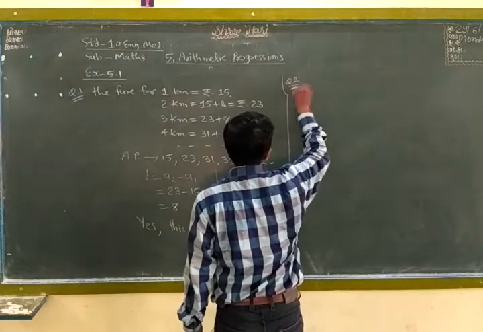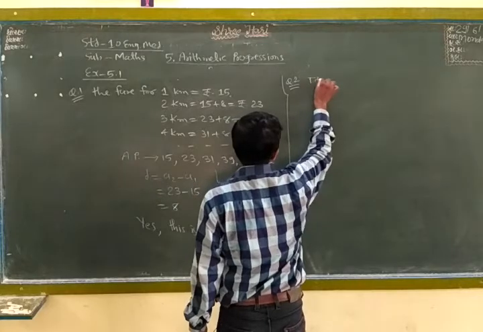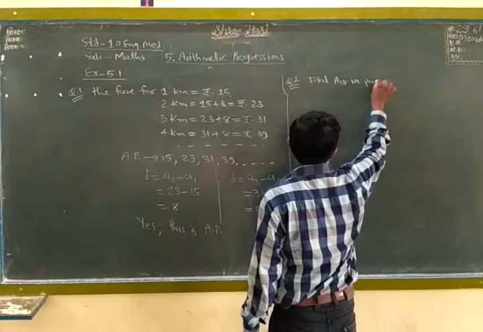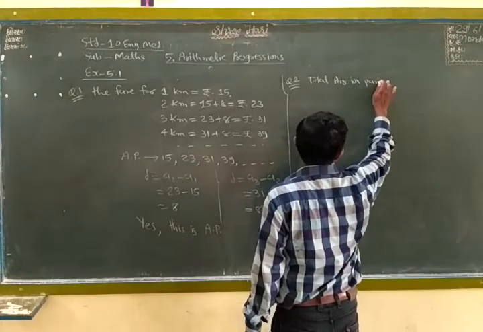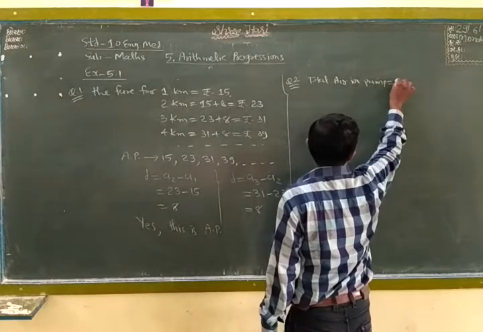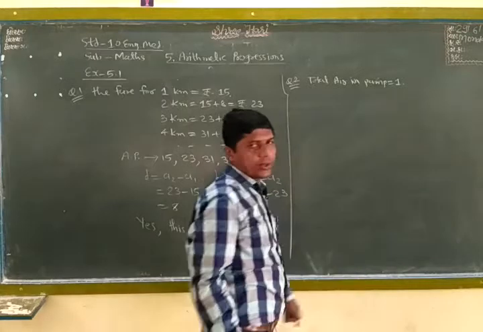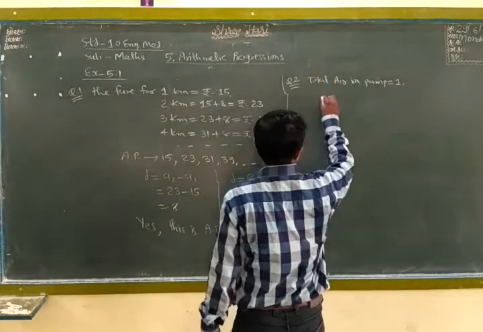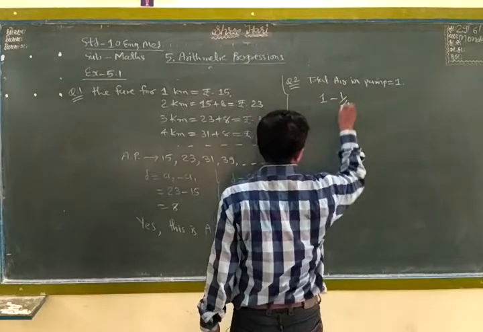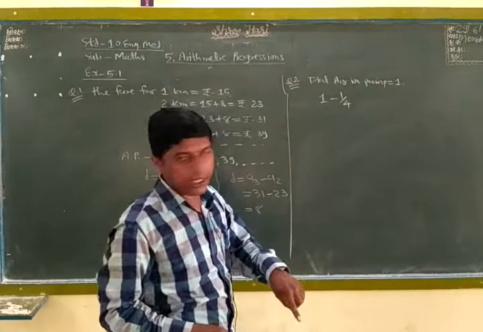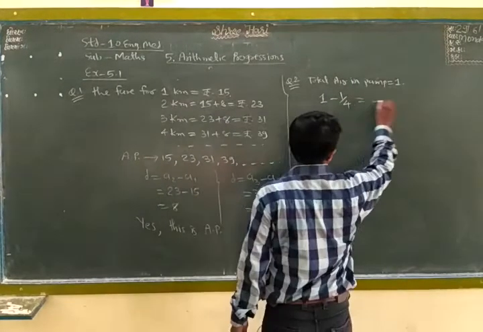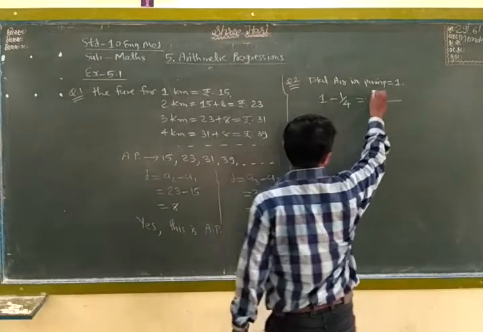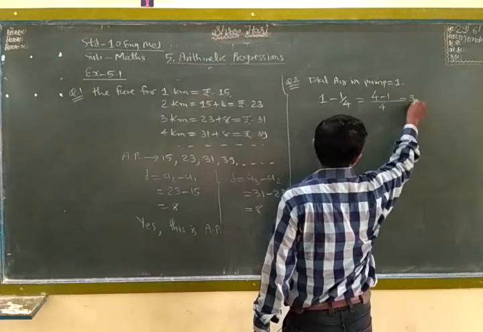Question 2. Suppose the total air in a pump is taken as one. When we remove from it, 1/4 is removed, so how much remains? 4 is the LCM, 4 ones are 4, minus 1, so 3/4.